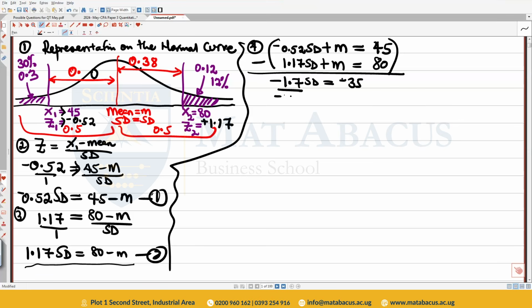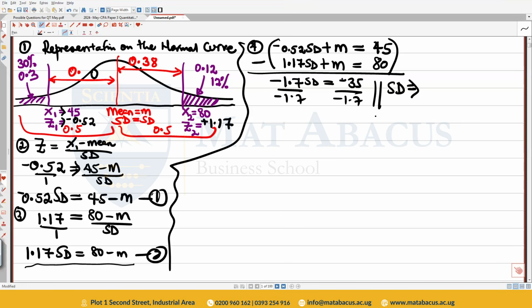When you divide by negative 1.7, it will be 35 divided by 1.7, which is about 20.5. So this gives you a standard deviation of 20.5.